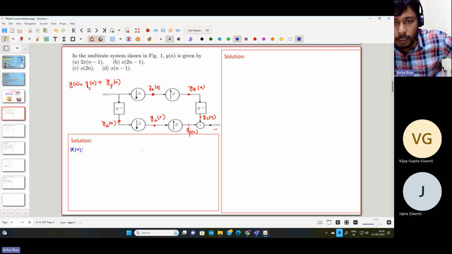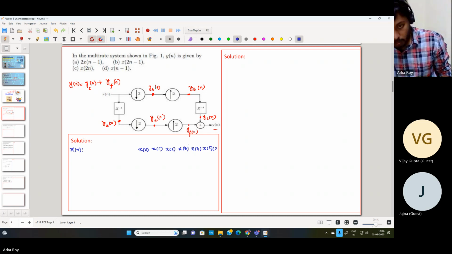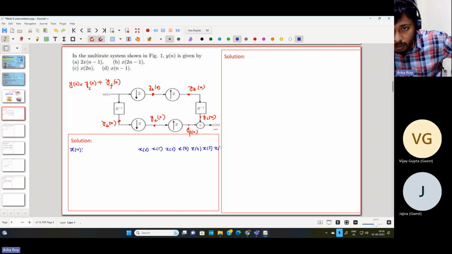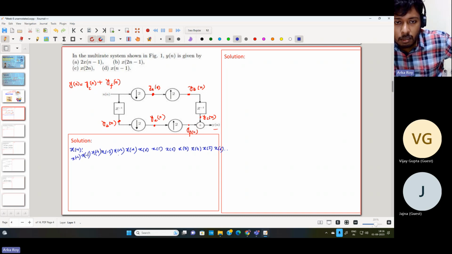It has the following components: x[0], x[1], x[2], x[3], x[4], x[5], x[6] and so on. And on the negative side also, we have x[-1], x[-2], x[-3], x[-4], x[-5], x[-6].